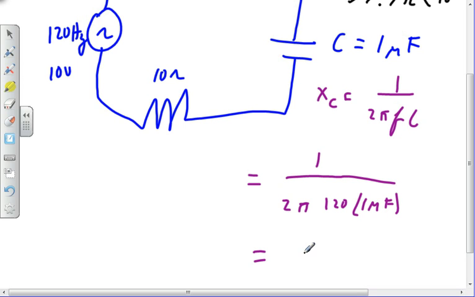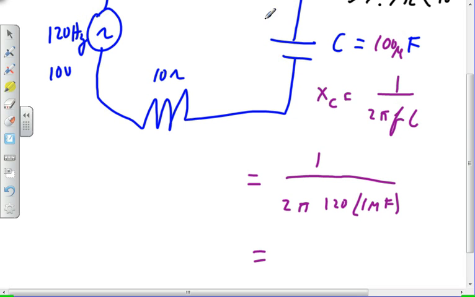Let's make it, instead of 1 microfarad, let's make it 100 microfarads.